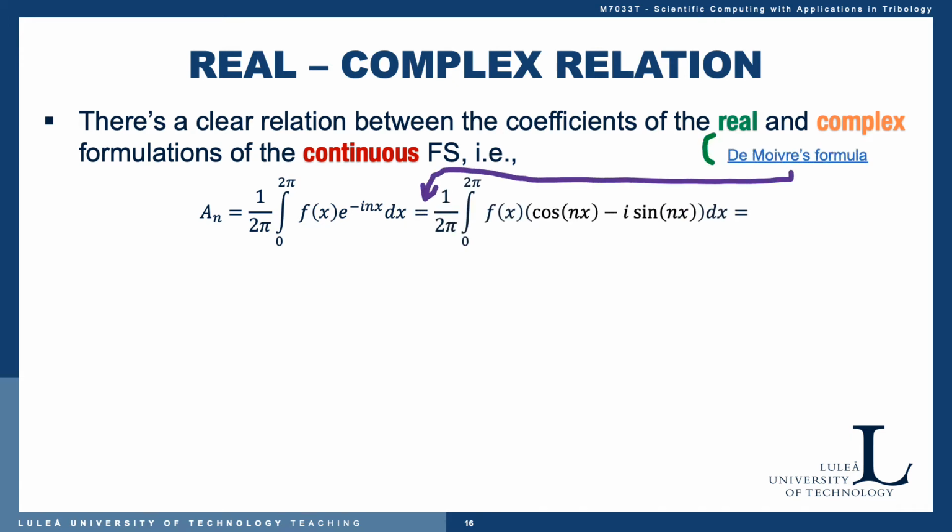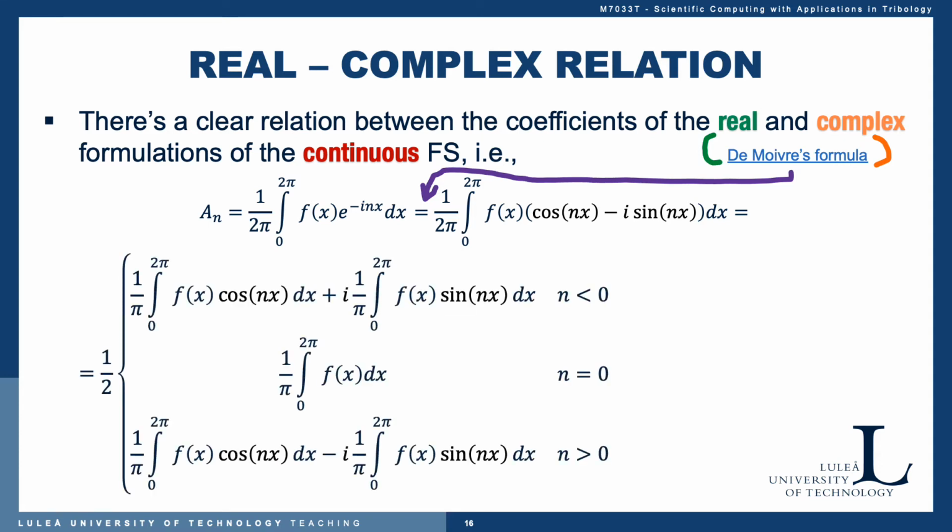Okay, and now we realize there is a very clear relationship between the real and the complex series by means of the de Moivre formula, and therefore we can now expand that integral for the coefficient, and when we do, we get 3 different cases. First one here is listed for when n is less than 0, second one when n is 0, and third one when n is greater than 0.